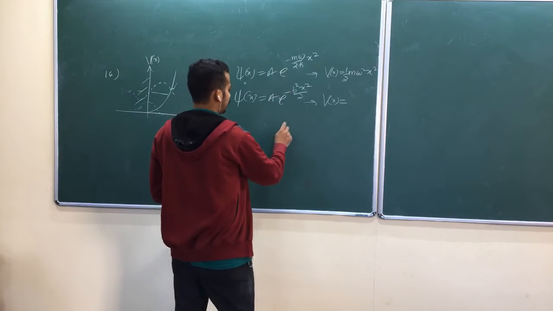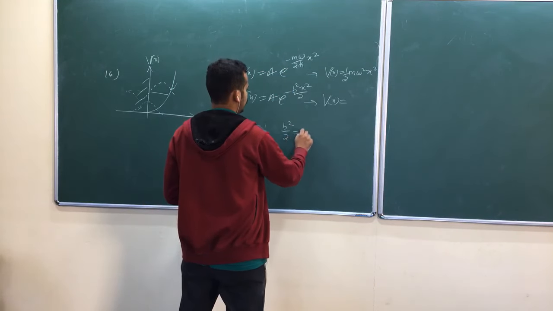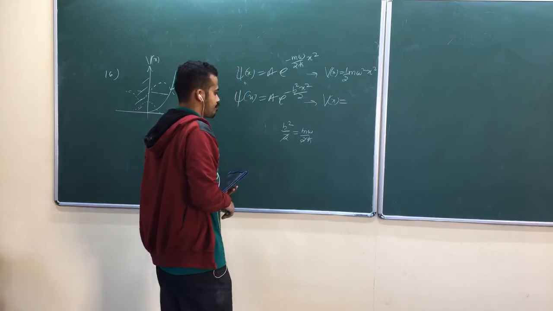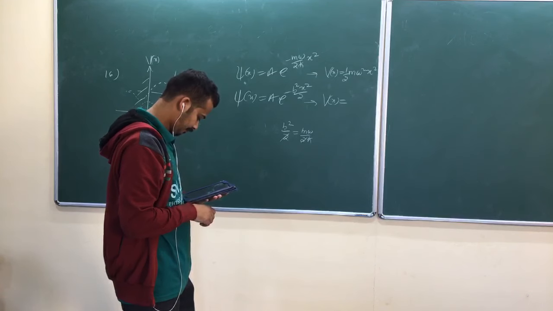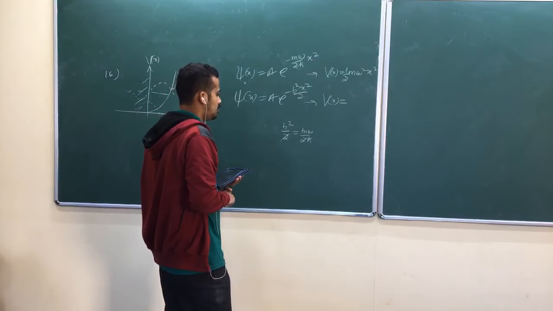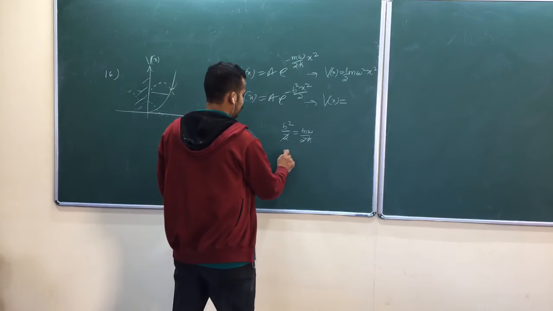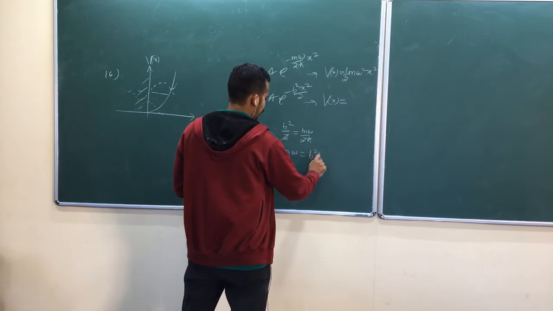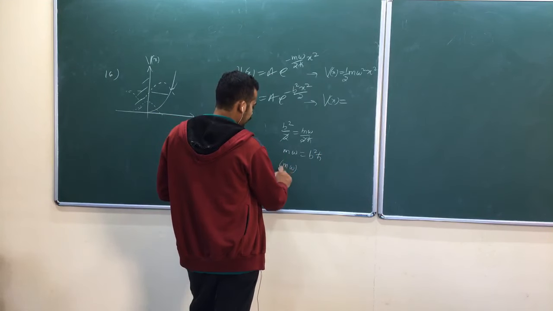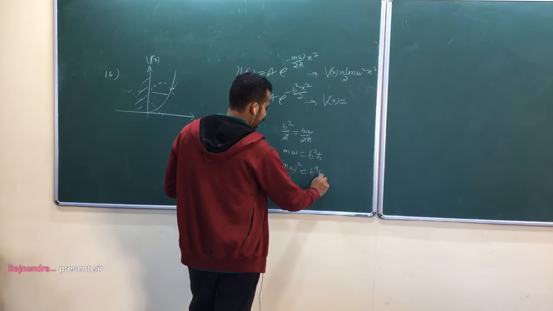Now, when you compare, b square by 2 should be equal to m omega by 2 h bar. So m omega is equal to b square h bar. M omega the whole square is equal to b raised to 4 h bar square.